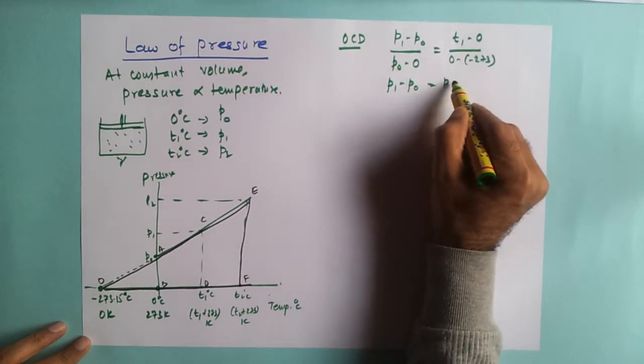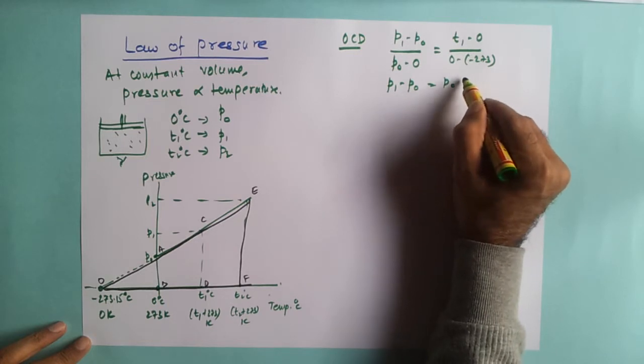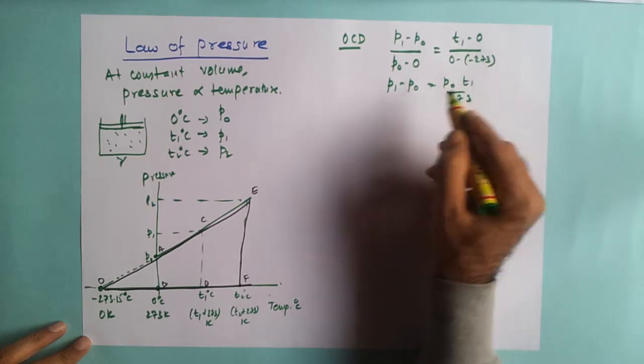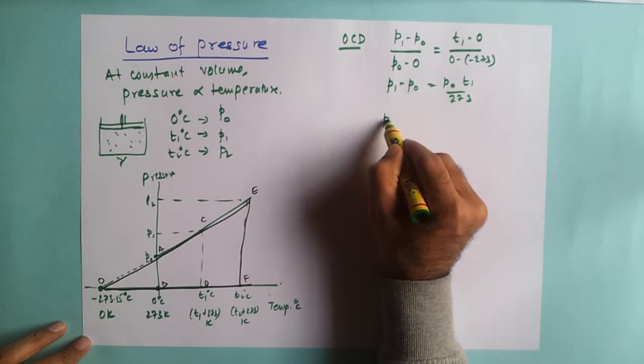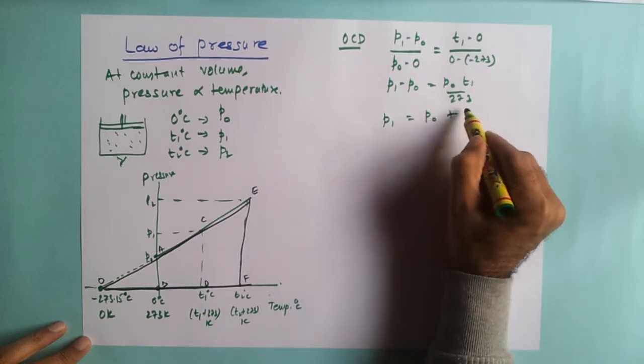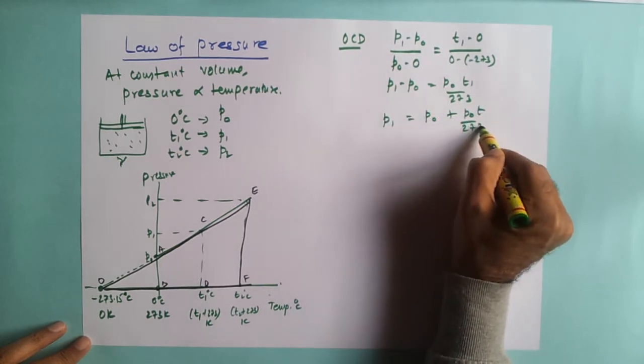Therefore, if I do a simple calculation, P1 minus P0 is equal to P0 into T1 upon 273, and this gives me P1 is equal to P0 plus P0 T1 upon 273.